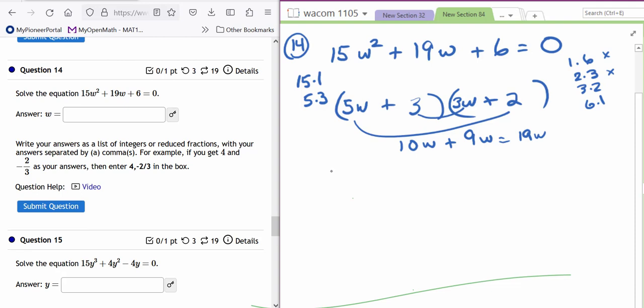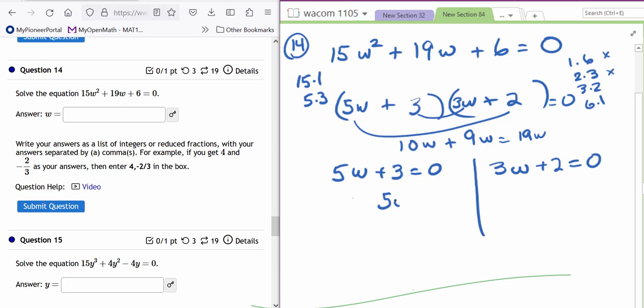All right, so I have, this is equal to 0. So 5W plus 3 equals 0, or 3W plus 2 equals 0. Subtract your 3, so 5W equals negative 3. And divide by 5. So W equals negative 3/5.